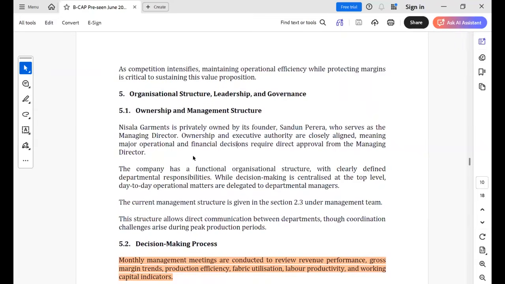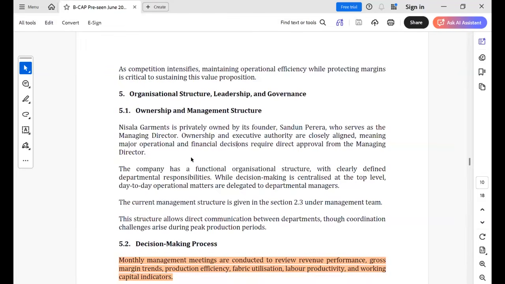Now you have already identified the weaknesses in the organization structure. It's a single owner, a single person, the managing director only. There is no formal board. Nisalagama is privately owned by the founder, Sandun Pereira, who serves as the managing director. Ownership and executive authority are closely aligned, meaning major operational and financial decisions require direct approval from the managing director. If one person is trying to run the business, it's a weakness, right?